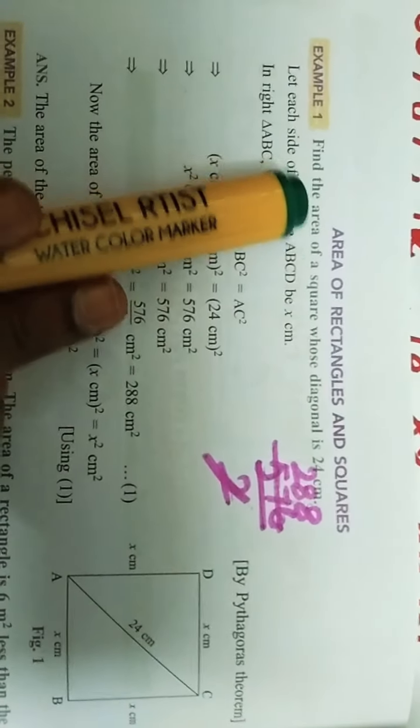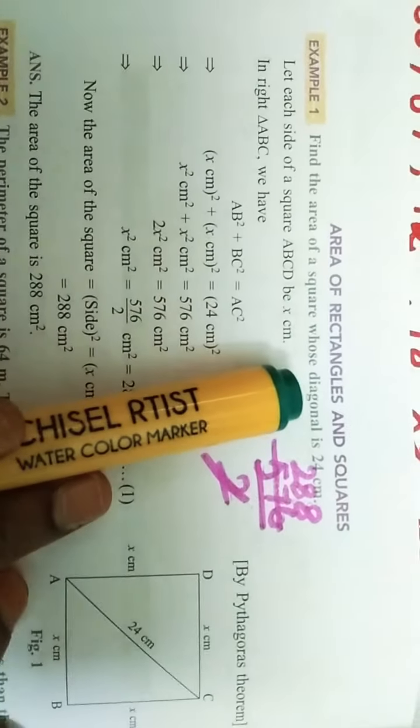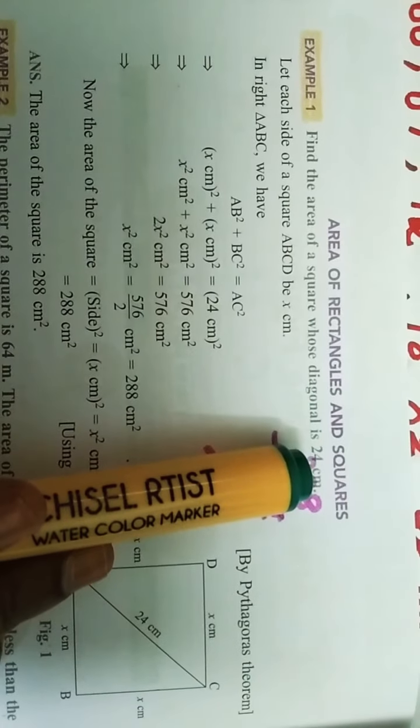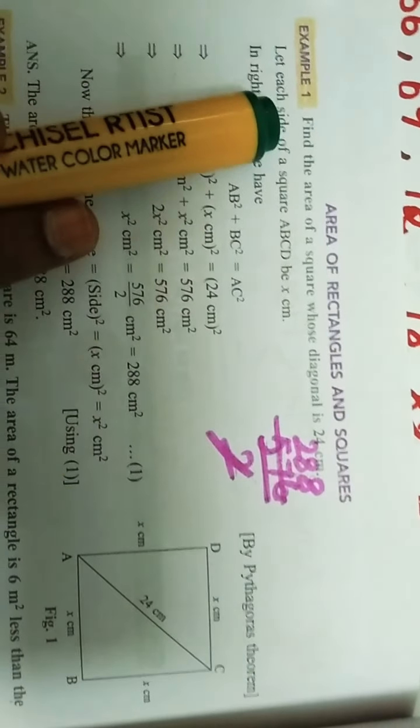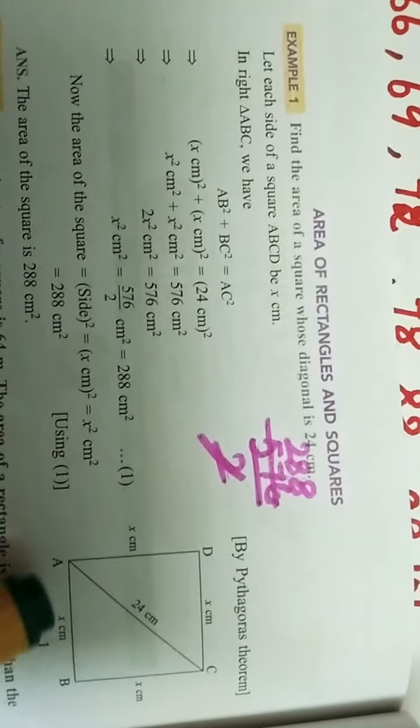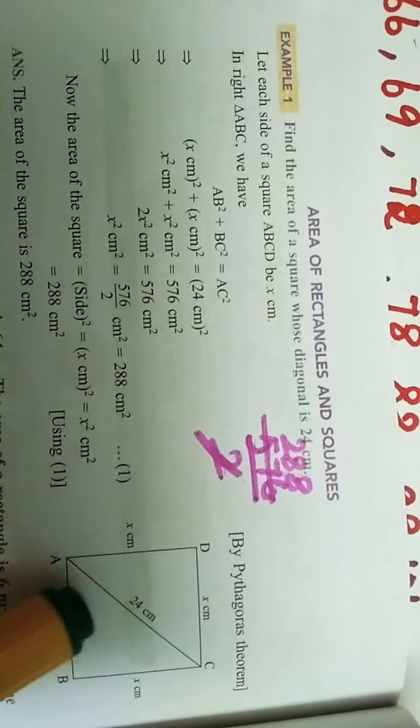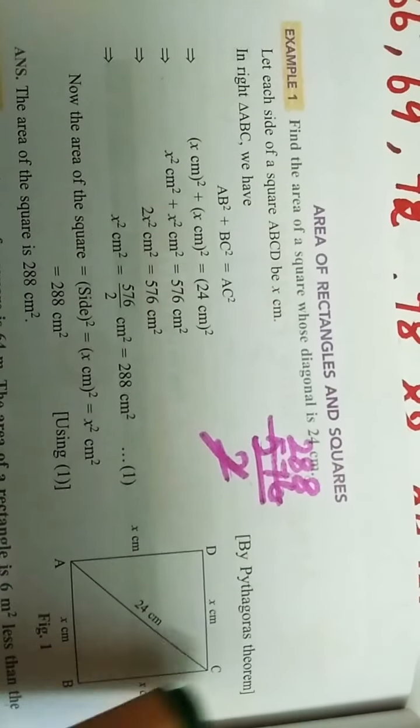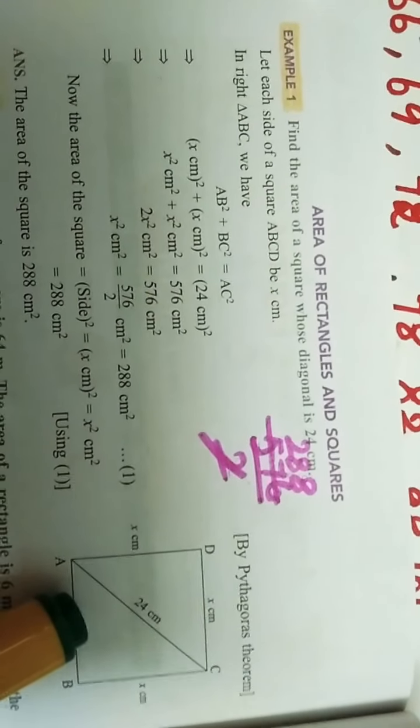Example 1. Find the area of a square whose diagonal is 24 cm. Let each side of the square ABCD be x centimeter.